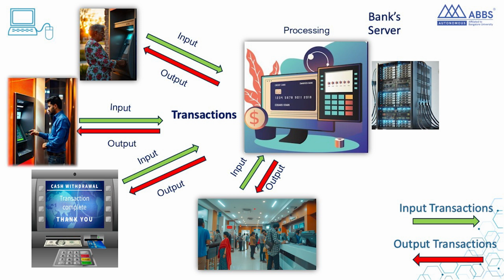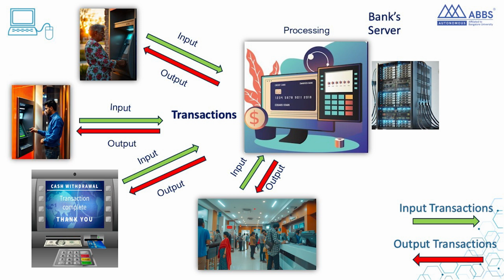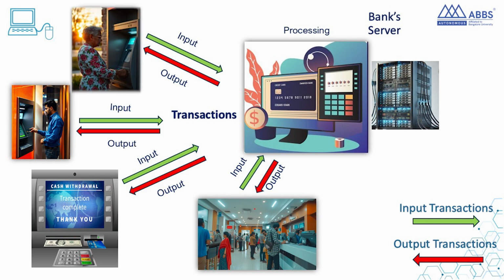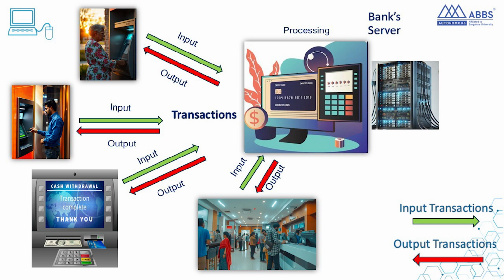You can see a customer trying to withdraw money from the ATM machine, or a customer visiting an ATM for a money deposit, or it might be a simple kiosk where a customer is trying to perform a withdrawal, deposit or whatever action they want. Or there might be customers who are at the bank at that point of time.